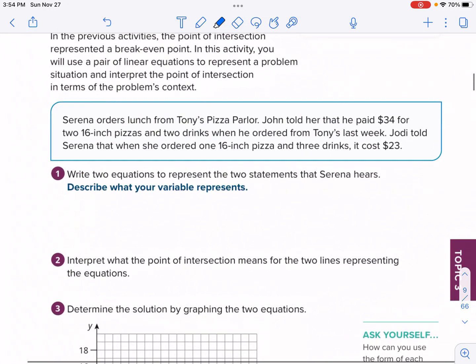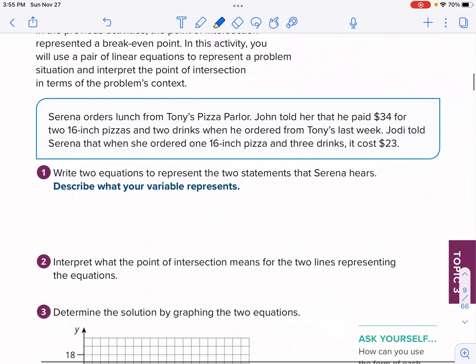Okay, so it looks like we got some pizza places here. So it says Serena orders lunch from Tony's Pizza Parlor. John told her that he paid $34 for two 16-inch pizzas and 2 drinks when he ordered from Tony's last week. Okay, so this is what John is saying. $34, 2 16-inch pizzas and 2 drinks.